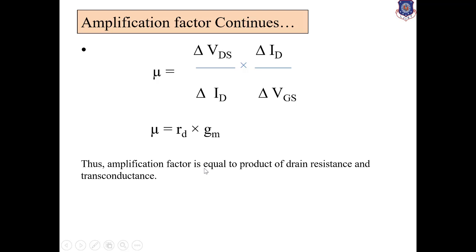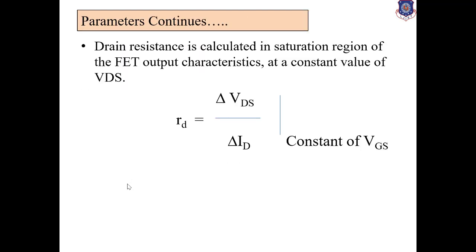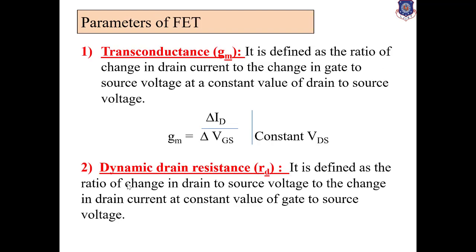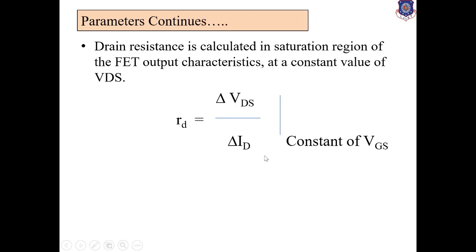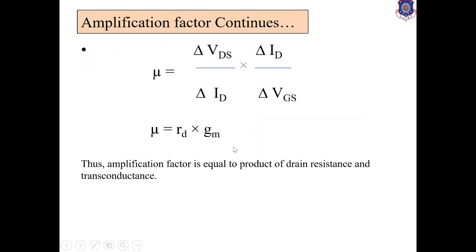Thus, amplification factor is equal to the product of drain resistance and transconductance. So easily these three definitions are correlated with each other and are very important, right? Transconductance GM, drain resistance RD, and the third one is amplification factor, the product of RD into GM.